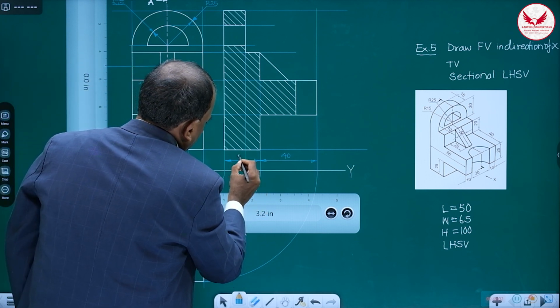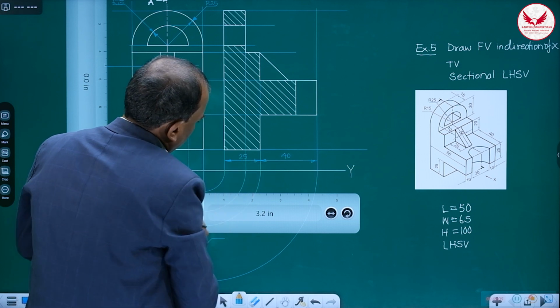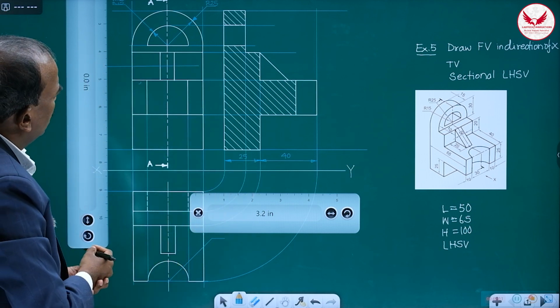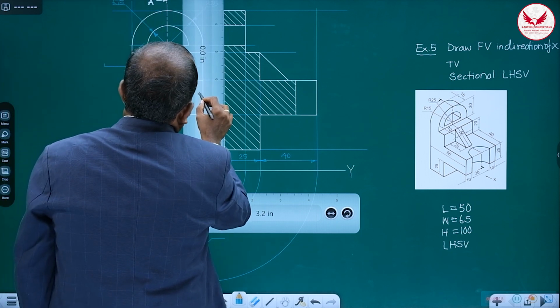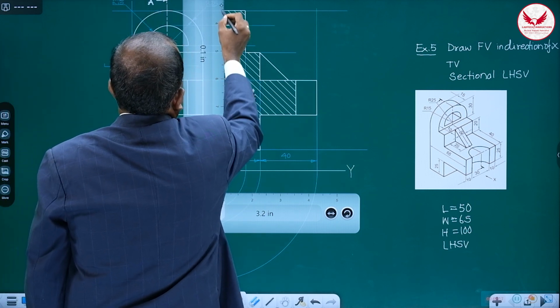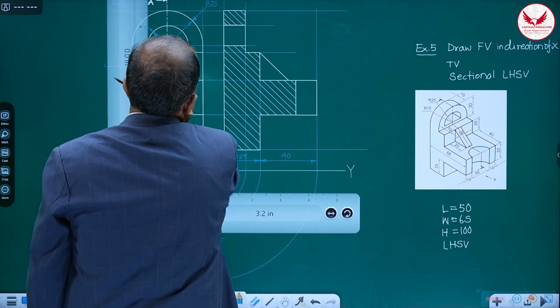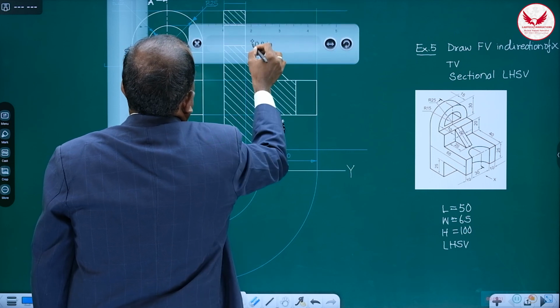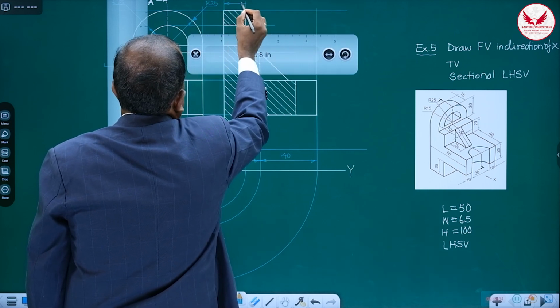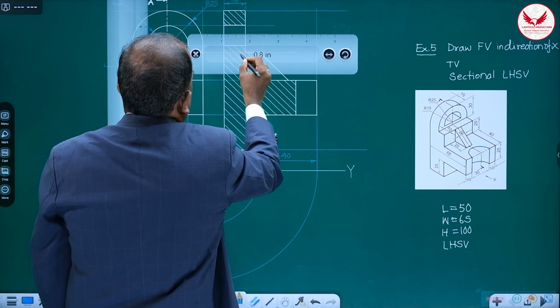And this is 25. It is 25. Then again, it is 15. It's 15.